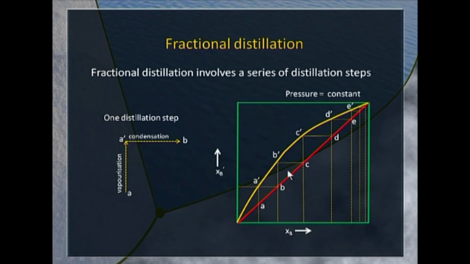That means 1, 2, 3, 4, 5, 6 steps. If you carry out vaporization, condensation, you will get pure B. So, one distillation step is vaporization and condensation as shown in a diagram here, and you are carrying out the same thing stepwise here in order to purify.